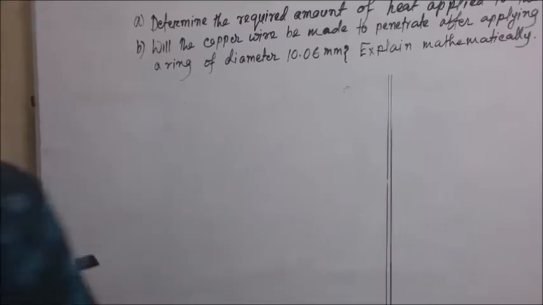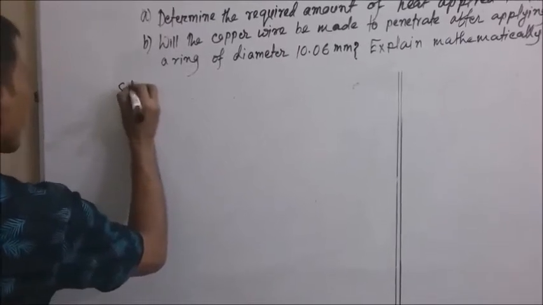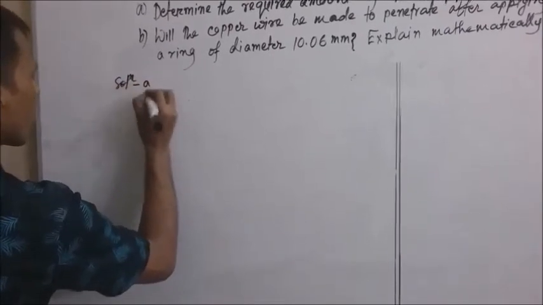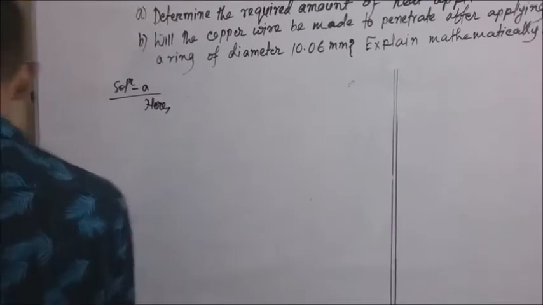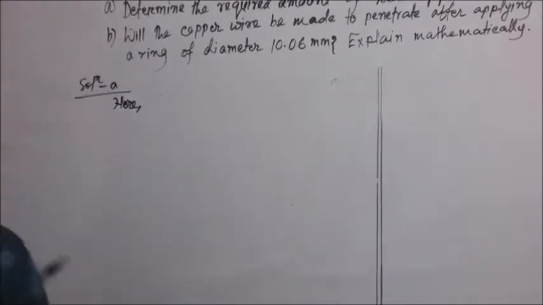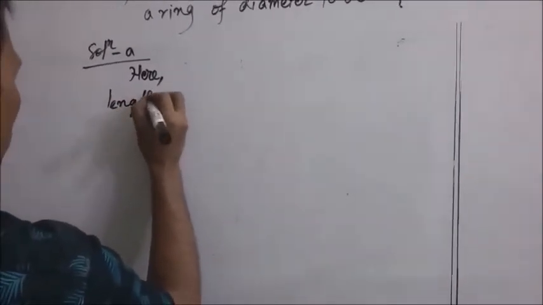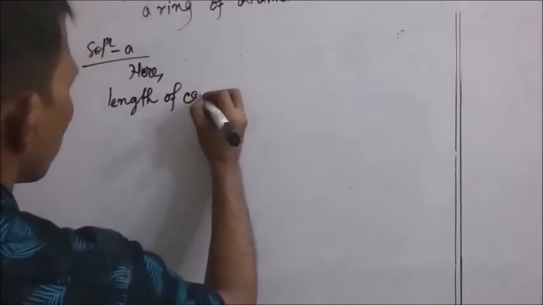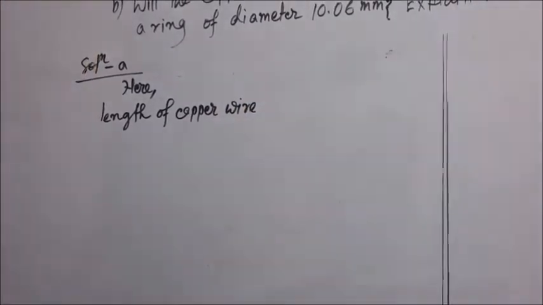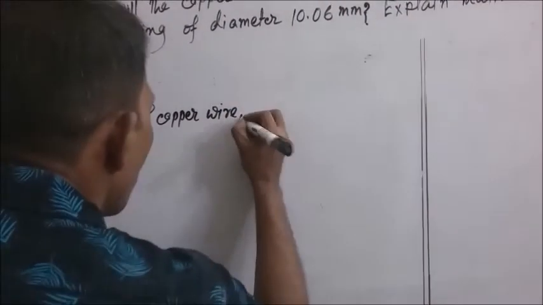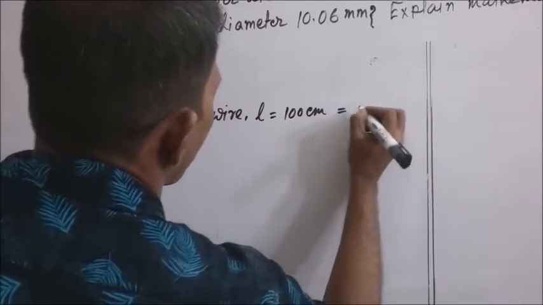Now solution of A. Here, length of copper wire L equal to 100 centimeter equal to 1 meter.